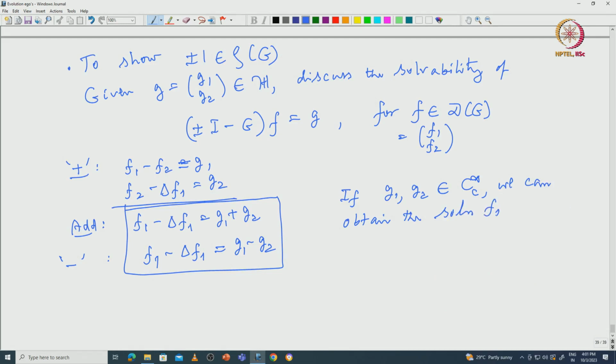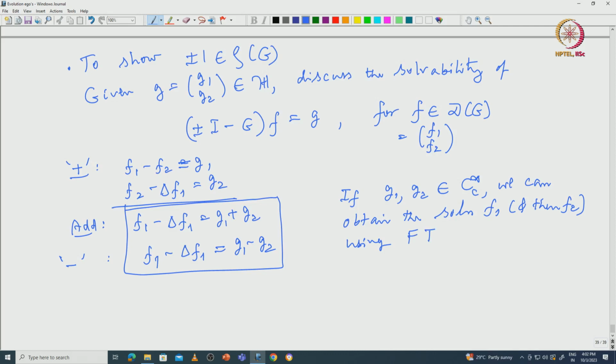So, f1 minus f2 is g1. So, f2 is obtained from that, and then f2 also, using Fourier transform. Okay, so this you have seen many times. Okay.